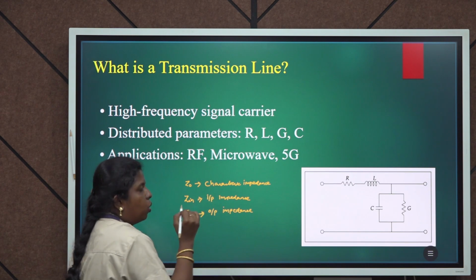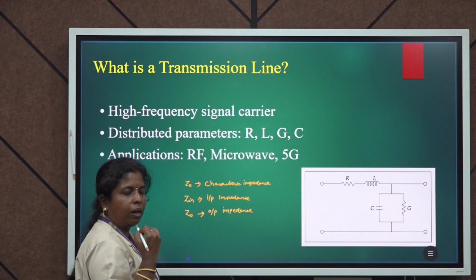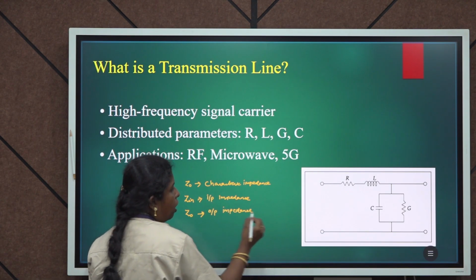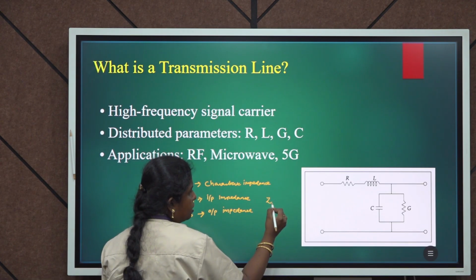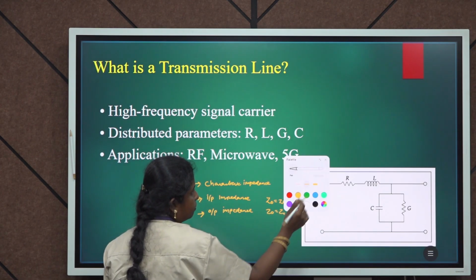To make the transmission line very reliable and without any attenuation or losses, we have to set the condition Z0 should be equal to Z in, or else Z0 should be equal to Z out.